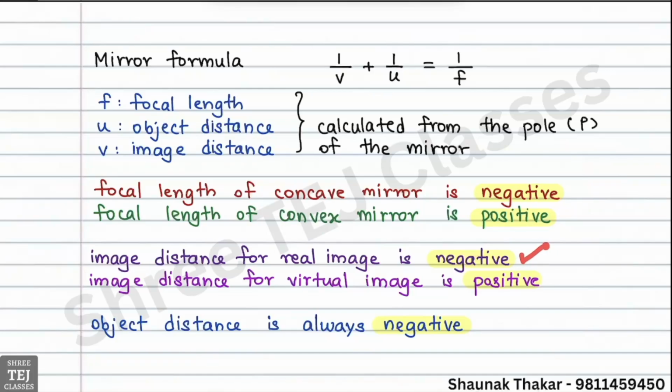For a virtual image which is formed behind the mirror, as the image is to the right of the mirror, image distance will be positive. And in case of object, always object is kept in front of the mirror, that is to the left of the mirror, hence object distance is always negative.